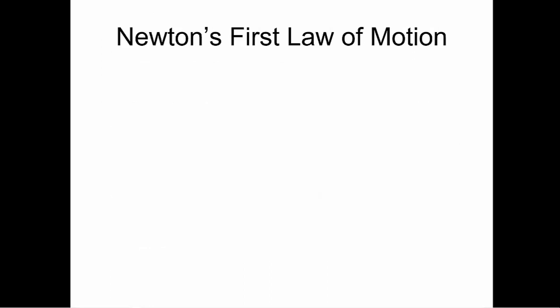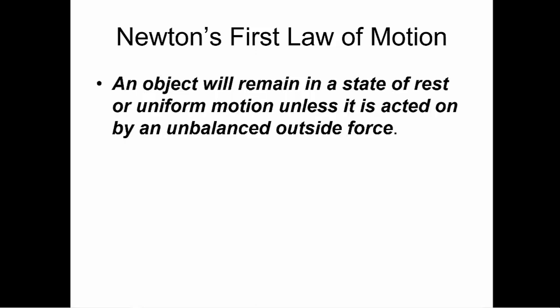Newton's first law of motion. For the most part, it was developed by Galileo, although Galileo had a little bit of an incorrect idea that I'll mention here. An object will remain in a state of rest or uniform motion unless it's acted on by an unbalanced outside force.